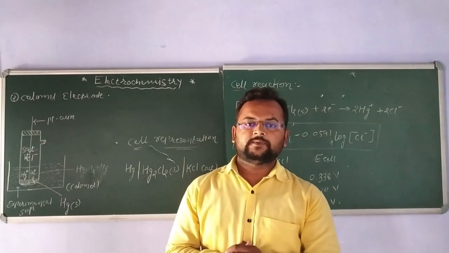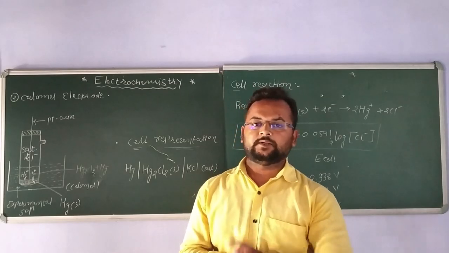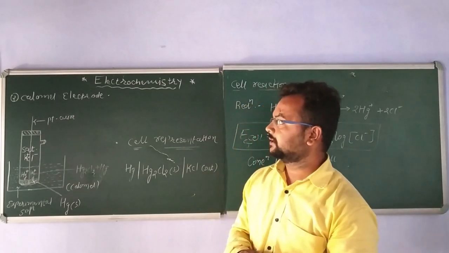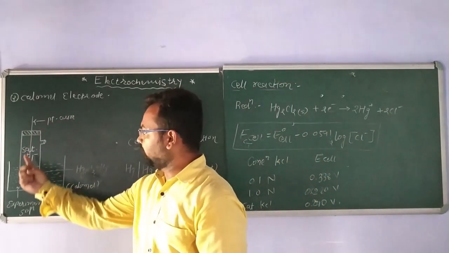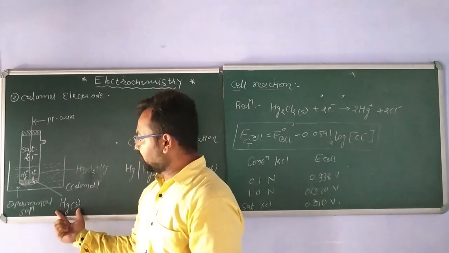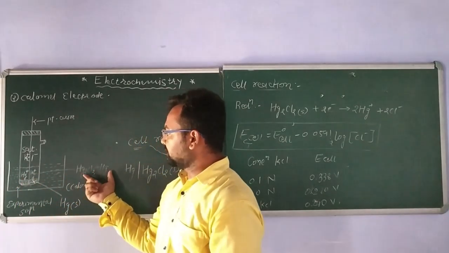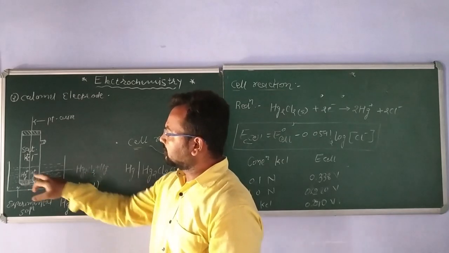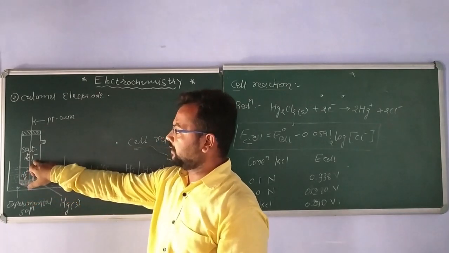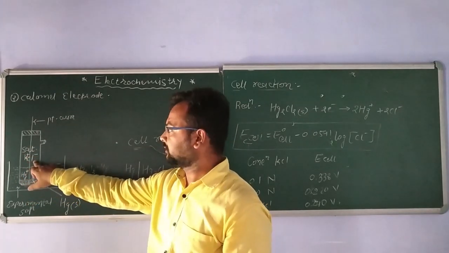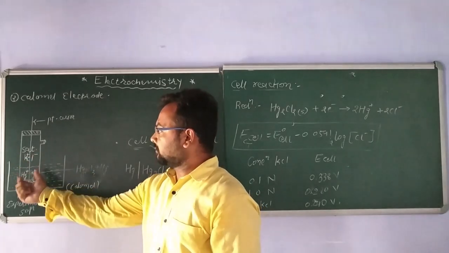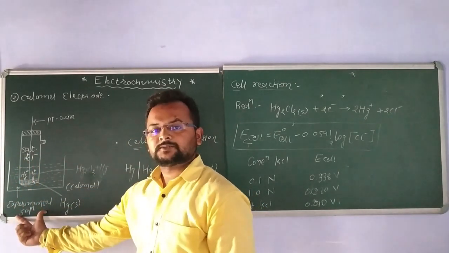Now the second reference electrode is the Calomel electrode. It has a simple construction. The platinum wire is dipped in solid mercury and a paste of Hg2Cl2 and Hg, and the Hg2Cl2 is in contact with saturated KCl solution, and finally this electrode is in contact with the experimental solution.